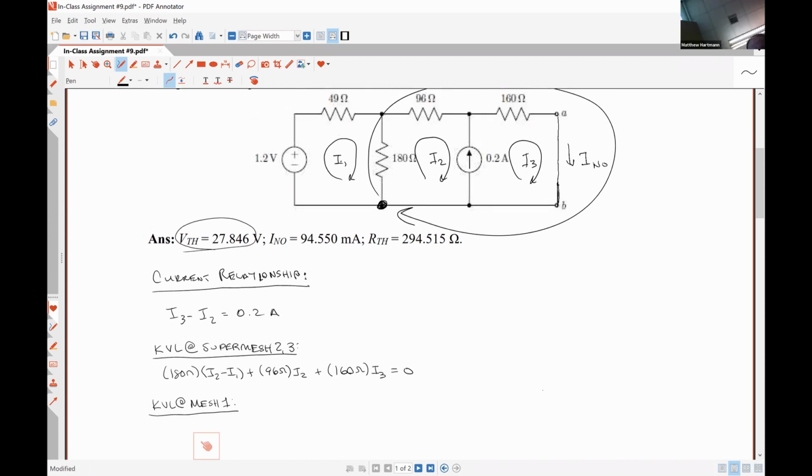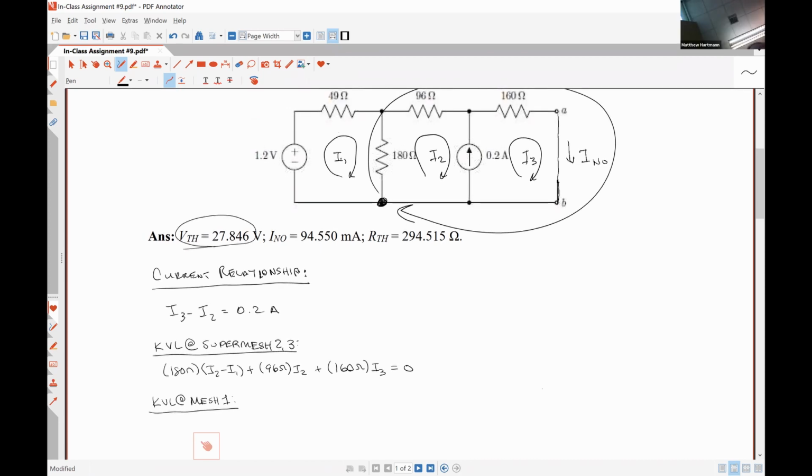So who can tell me what's going on in mesh 1? Start from the bottom left-hand corner and work our way around this loop. Plus 1.2 volts. So it'll be minus 1.2 volts, since we see the negative terminal first as we follow the mesh current I1 around its loop.